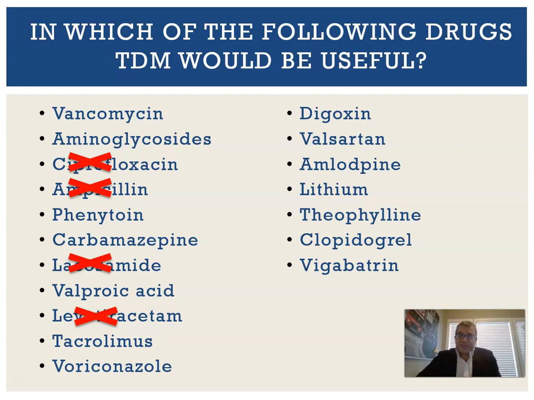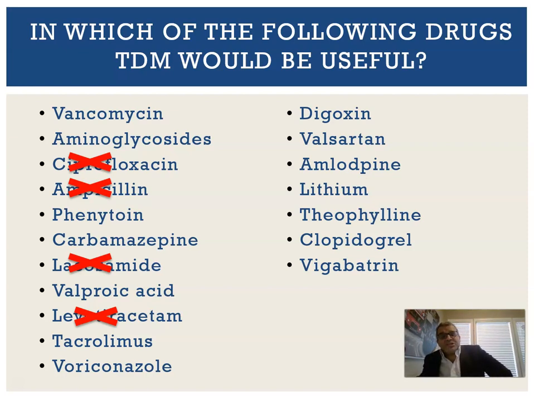Tacrolimus has a wide intersubject variability, narrow therapeutic margin, toxicity-dependent concentrations, right? It's important to know what could be the anti-rejection concentration. So TDM is very useful for tacrolimus. Voriconazole could be useful as well due to nonlinear kinetics. Digoxin also has concentration-dependent adverse reactions. TDM might be useful.